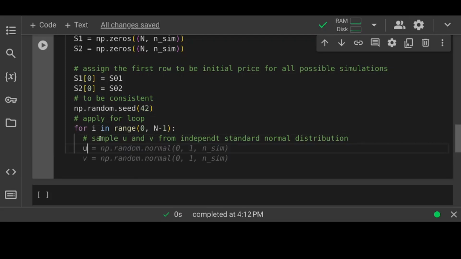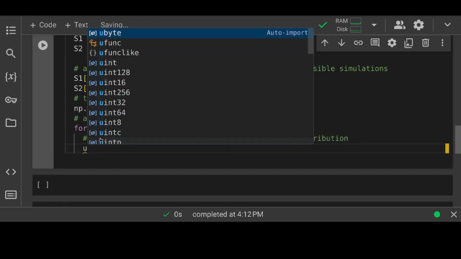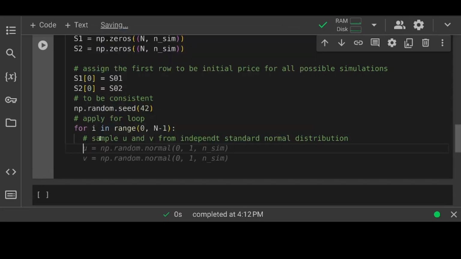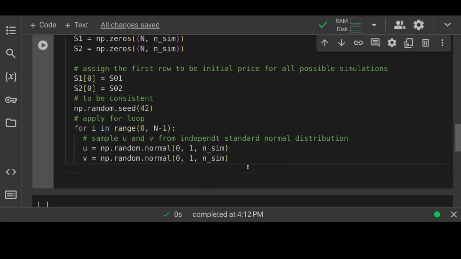Then sample u and v from independent standard normal distributions. U is equal to np.random.normal, and v is equal to np.random.normal with expectation 0 and variance 1, and nsim implies the number of simulations that we want.